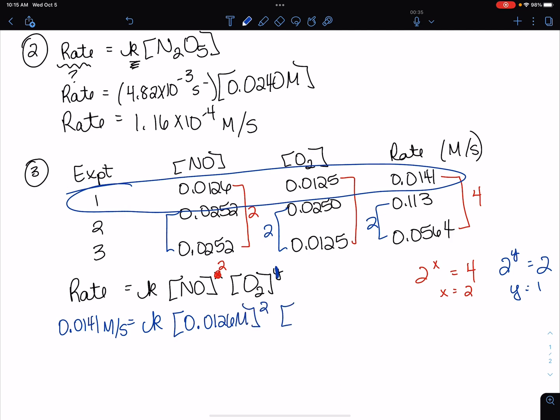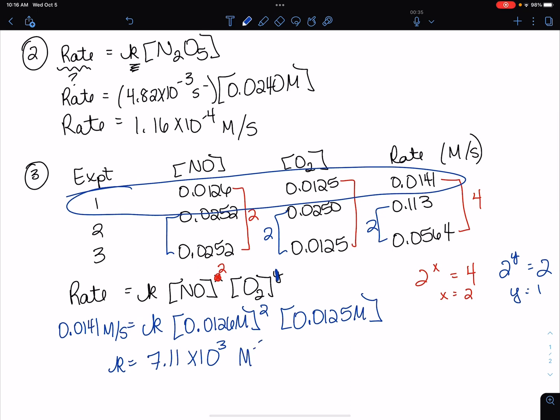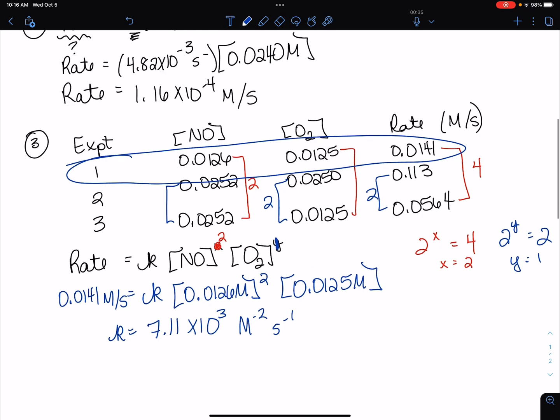My concentration of oxygen, and I got to square it, is 0.0125 molar. And I just do my algebra to solve for K. And I will get that K is equal to 7.11 times 10 to the third. And this is overall third order, so my units are M^-2 s^-1.